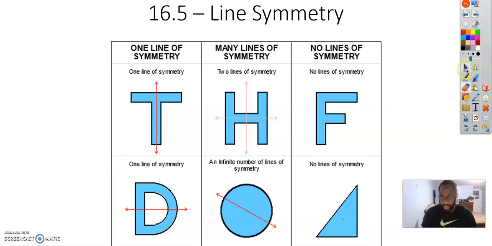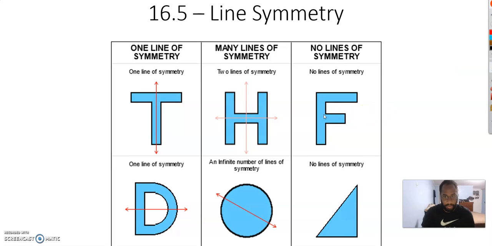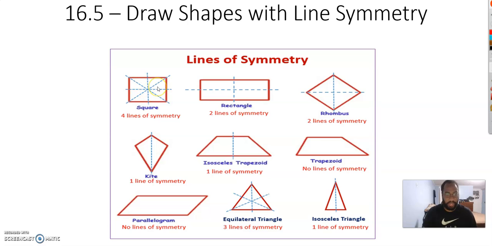There's different shapes that show different lines of symmetry. So you see a square, like I showed you, has four lines of symmetry. A rectangle has two lines of symmetry. You can split it two times and fold it twice.